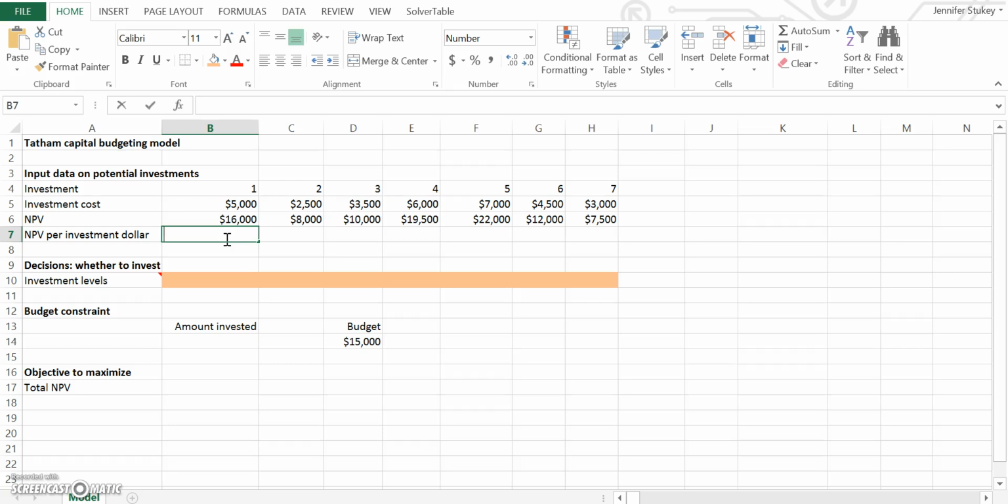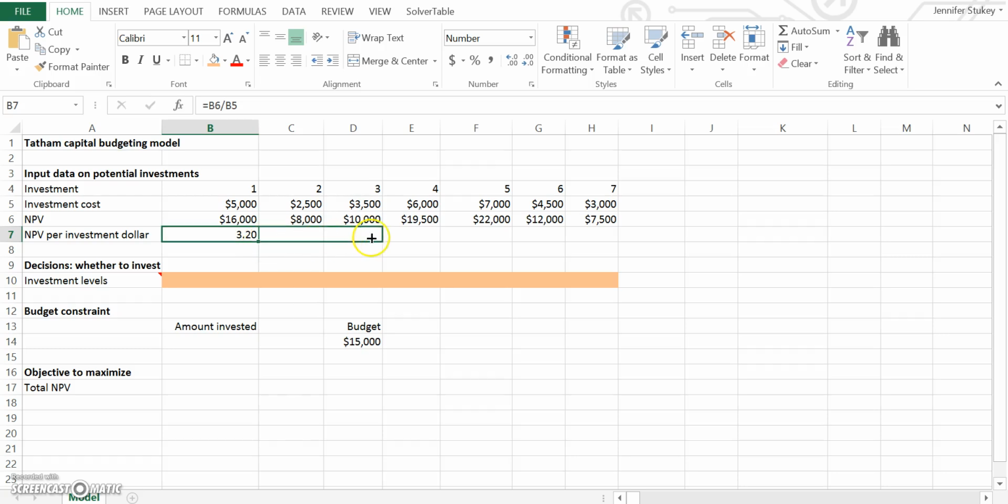The next thing we're going to do is calculate the net present value per dollar of investment. So we're going to take the net present value and divide that by the dollars invested. We see that investment 1 has a net present value of $3.20 per dollar invested.